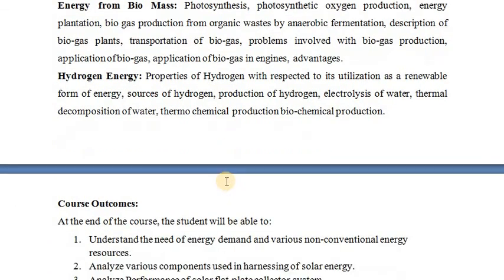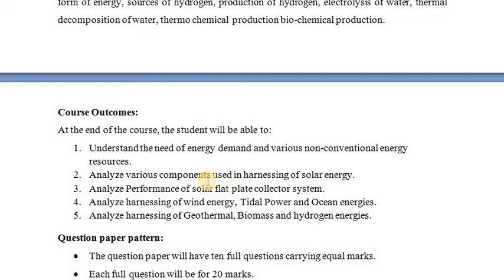Then we come to the course outcomes. Once you learn all 5 modules of this course, at the end the students will be able to understand the need of energy demand and the various non-conventional energy sources.